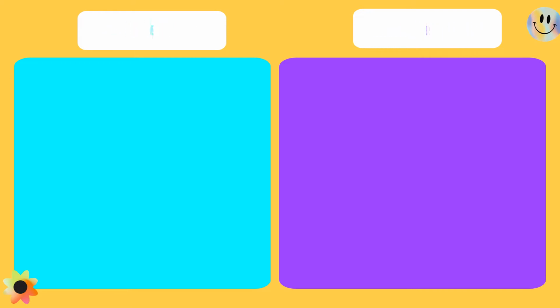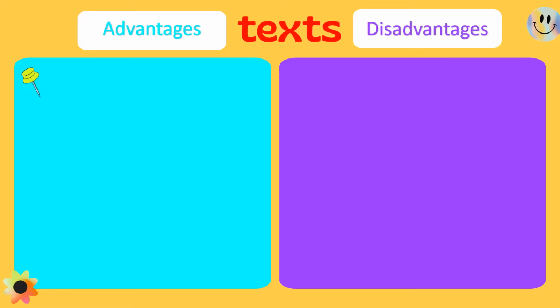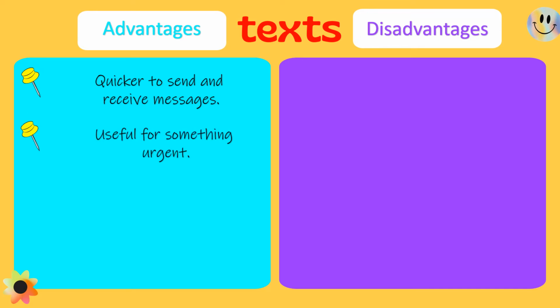Now let's talk about the advantages and disadvantages of texts. Quicker to send and receive messages. Even if you're far away from each other, it's like a normal conversation. Useful for something urgent. It's for emergency use.